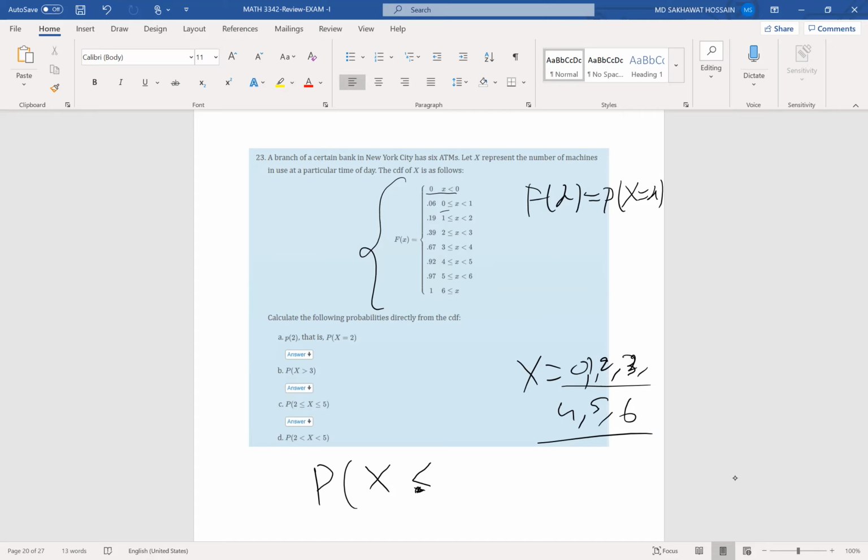If we take any number between 0 and 1, for example 0.5, how many possible values do we have for x which is less than 0.5?